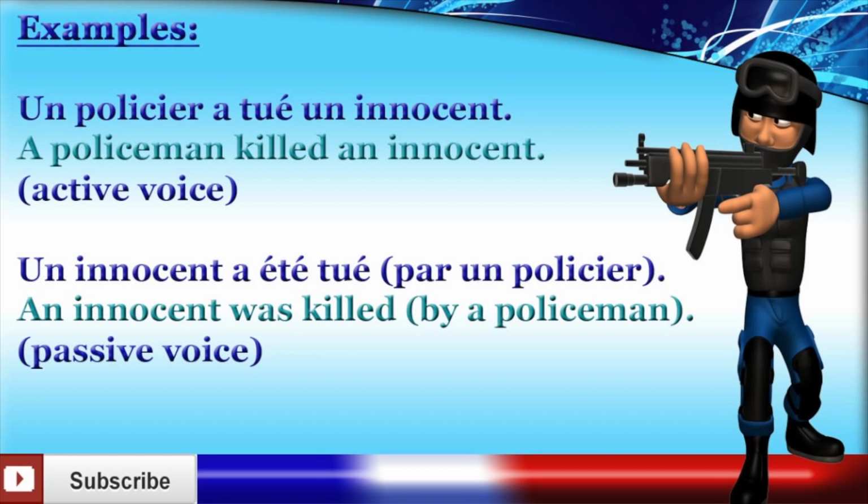Which one you use depends on whether you want to emphasize who killed the innocent, or whether you want to avoid saying who killed the innocent. The latter is often used by newspapers to avoid blaming someone, or by people, especially children, who don't want to say who did something, particularly if they're the ones who did something wrong.